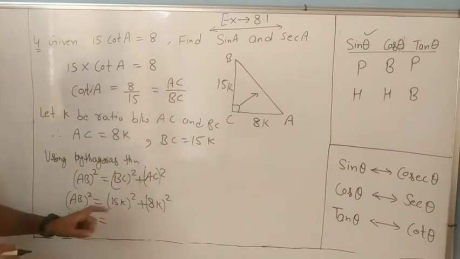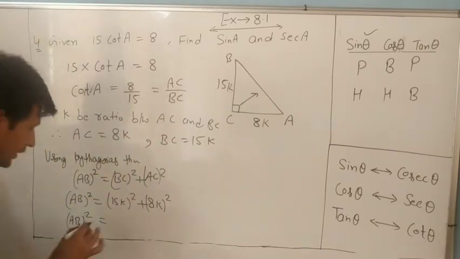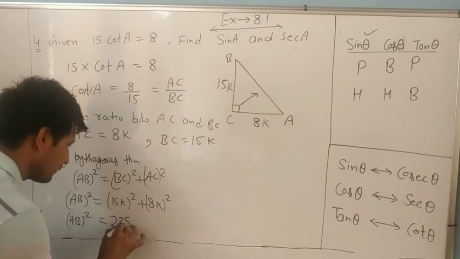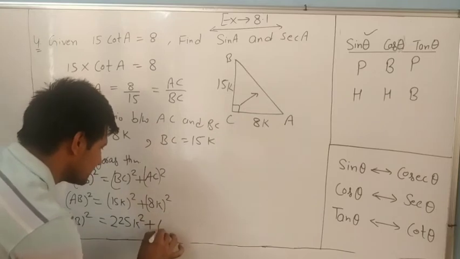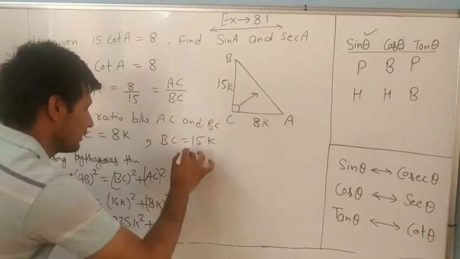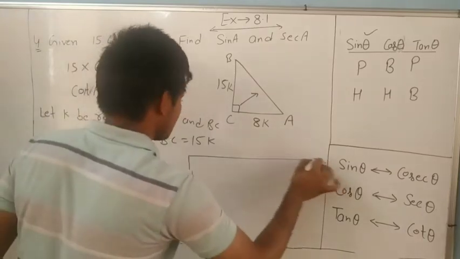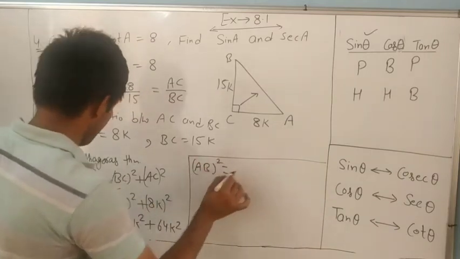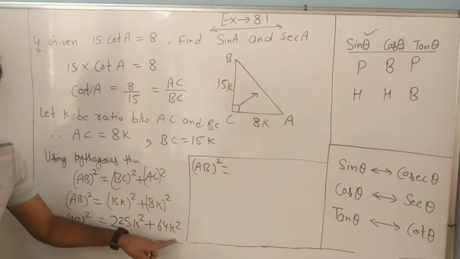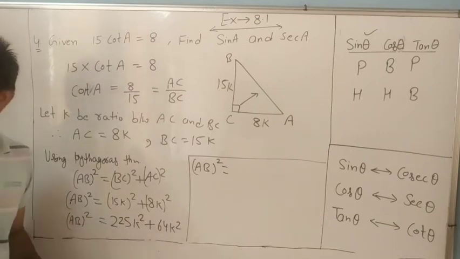So look at 15k square: 15 square is 225 k square, plus 64 k square. Now look at AB square: it is k square, it is k square. Both are like terms. Can we add? Yes.